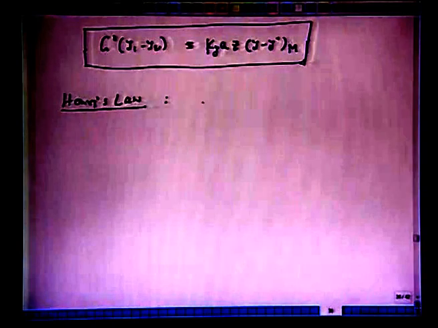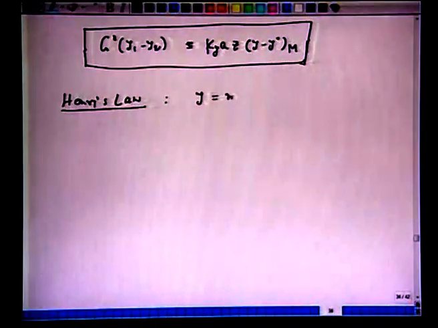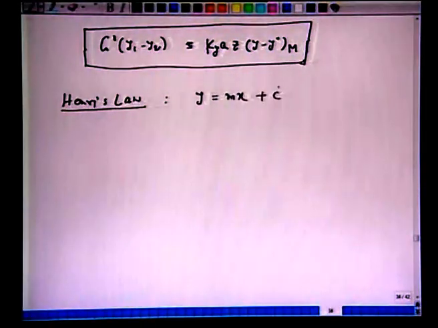There is another very special case: if we follow Henry's law and the equilibrium is linear, we have y equal to m x, with c being 0.